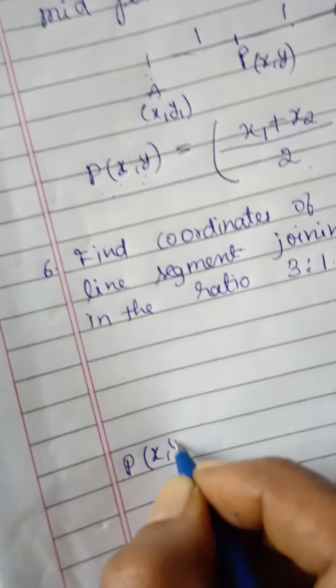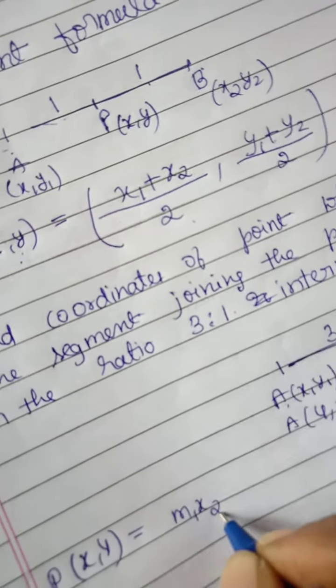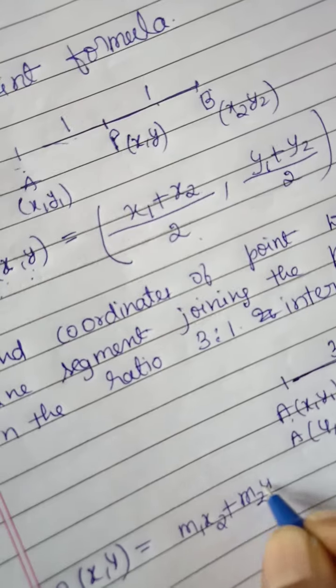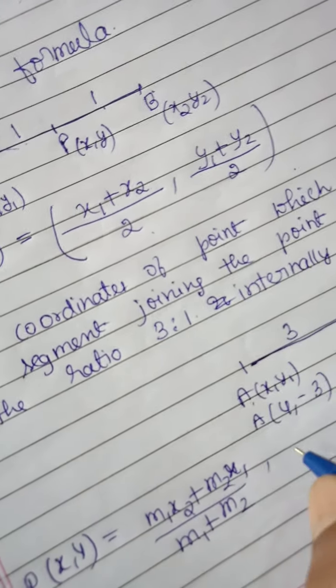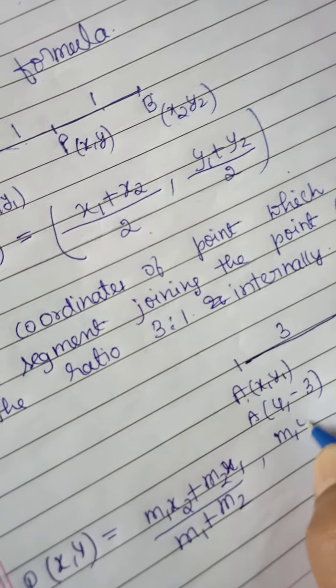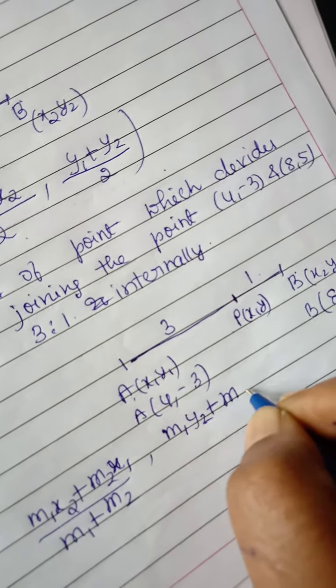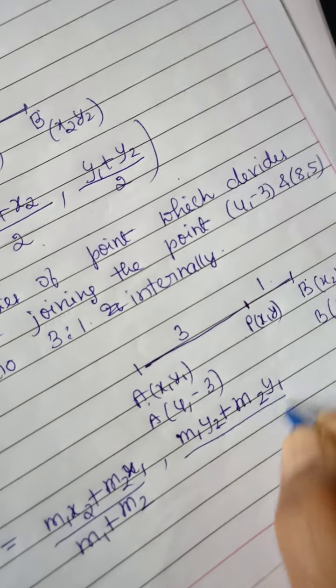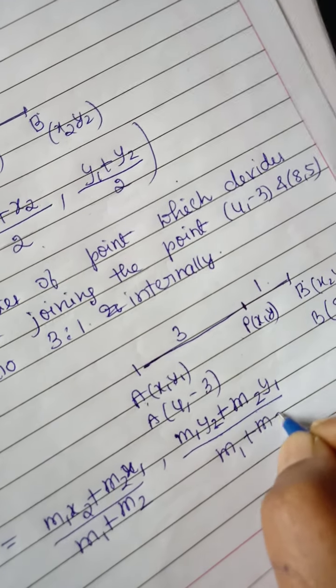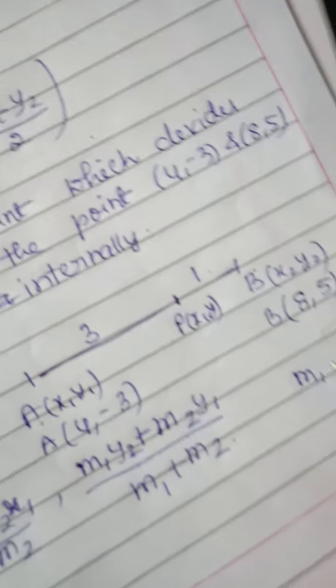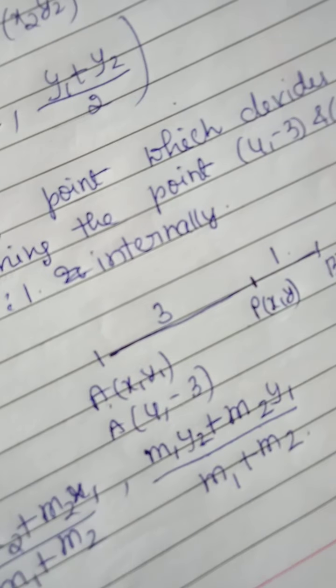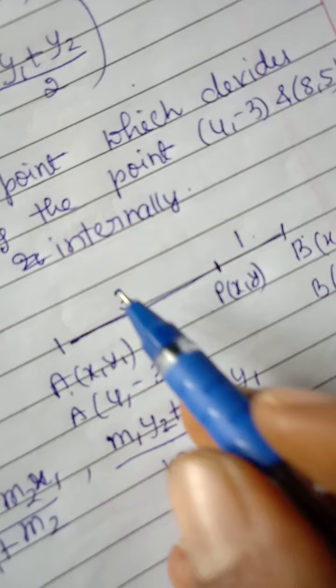So for P(x, y), the section formula is x equals (m1 x2 plus m2 x1) divided by (m1 plus m2), and the y coordinate is (m1 y2 plus m2 y1) divided by (m1 plus m2). This is the section formula. Now, m1 is equal to 3, see the ratio 3 here, isn't it?